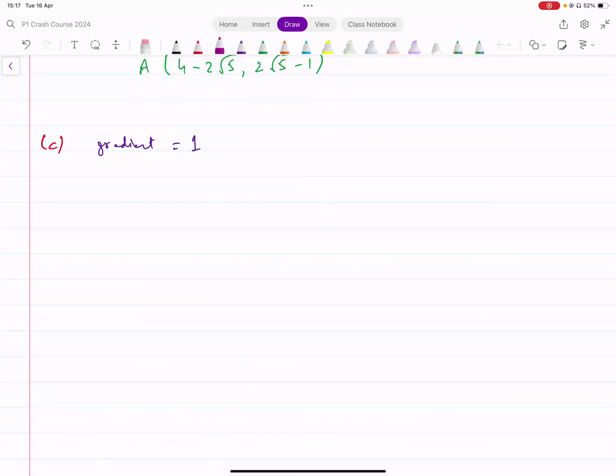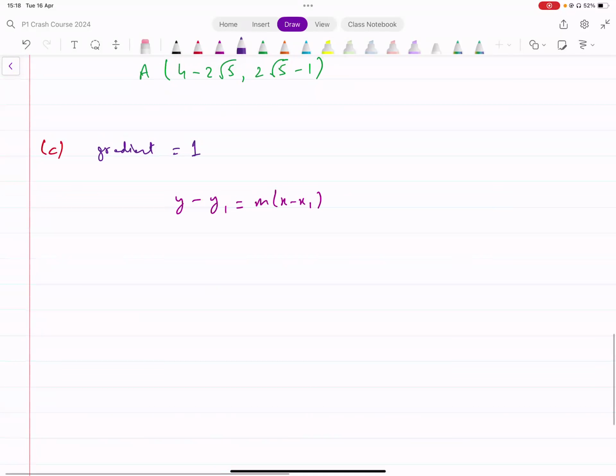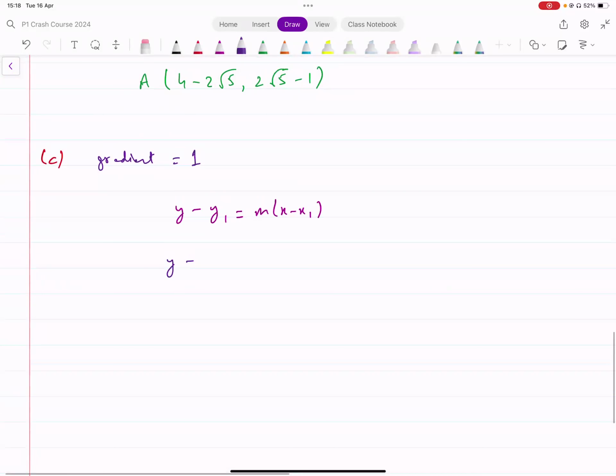Now, if you just put values in that standard form, y minus y1 equals m into x minus x1, and that will give you, now be careful with the signs, y1 is this whole thing, put that inside brackets. y minus (2 under root 5 minus 1) equals m, which is 1, into (x minus (4 minus 2 under root 5)).